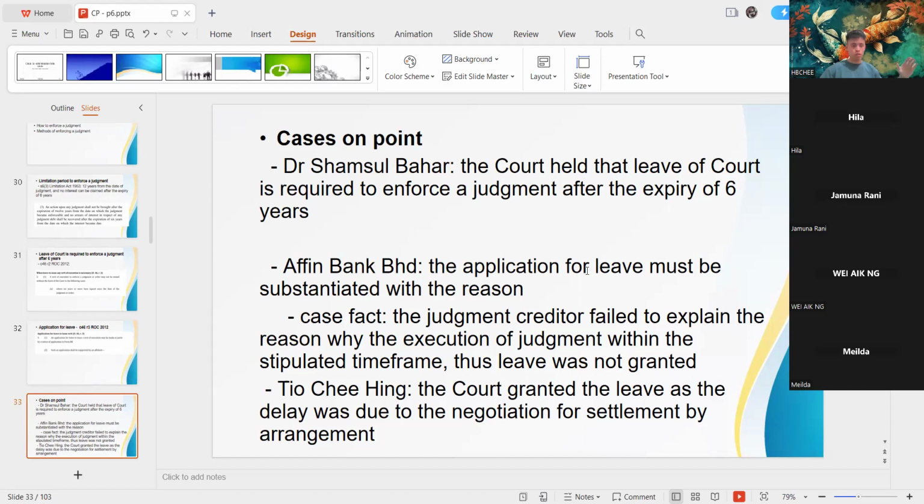Like, I have already made my effort to locate the person, but the person is unable to be found. That is the reason why when you are applying for leave of court, it must be substantiated with a good reason as your evidence. Is that okay?